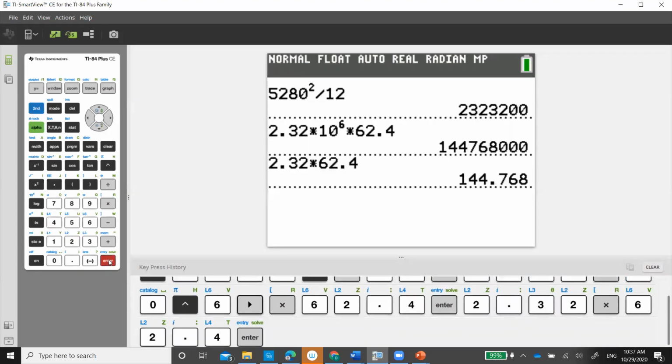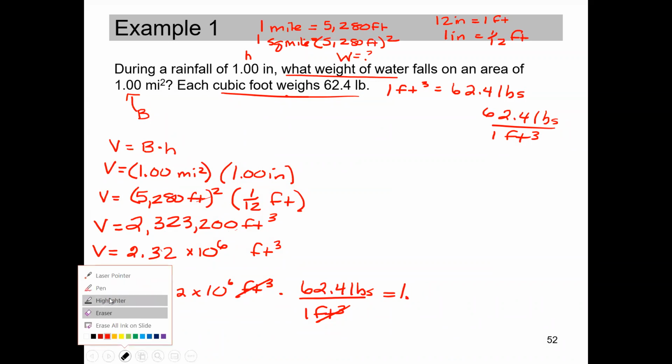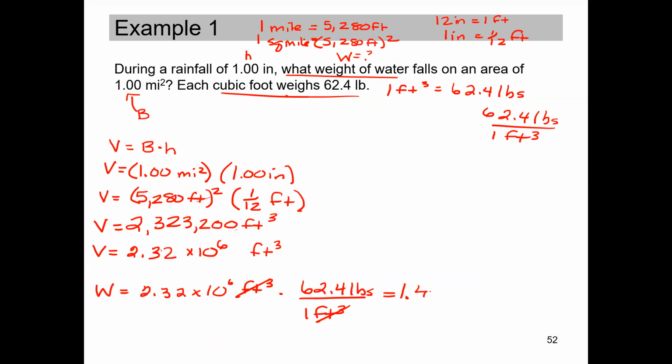So this would be 1.44, 1.45, I should say, times 10 to the 2nd times 10 to the 6. Or instead of confusing you, we already got it to be 1.45, and then it was times 10 to what power?